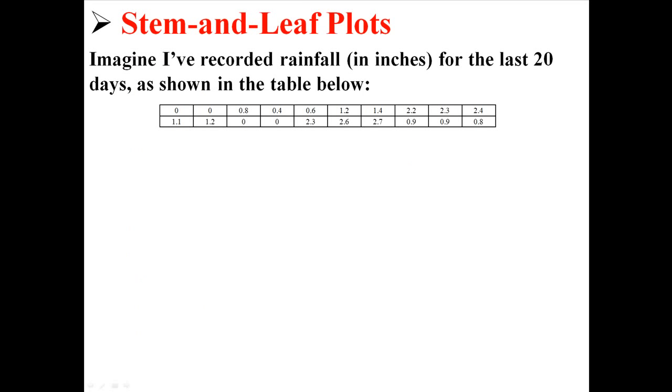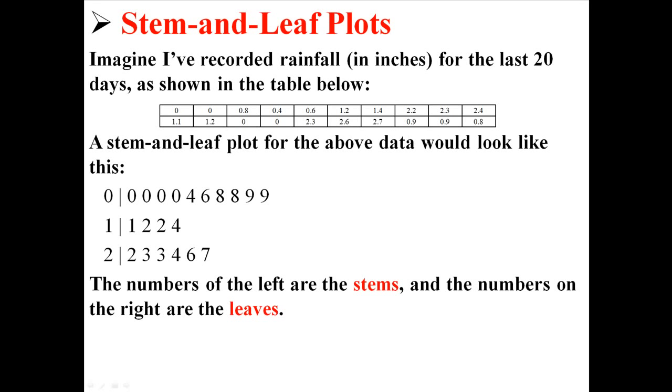Now, there's also another way of displaying this type of data, which is a stem and leaf plot. So imagine I recorded the rainfall in inches for the last 20 days, as shown in the table below. A stem and leaf plot for the above data would look like this, where the numbers on the left are the stems, and the numbers on the right are the leaves. So like for example, for 1 0, that would be 0.0.